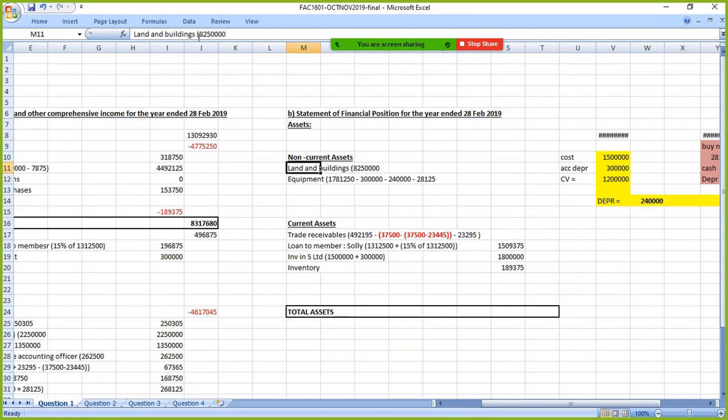Okay, there's going to be a column here.